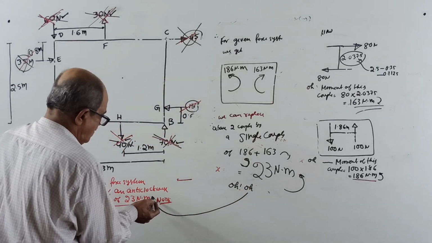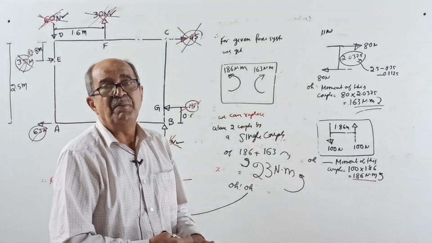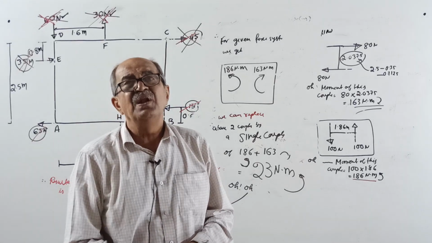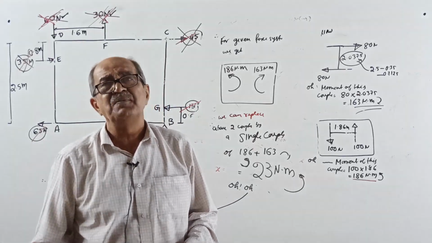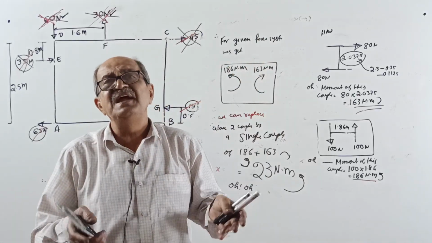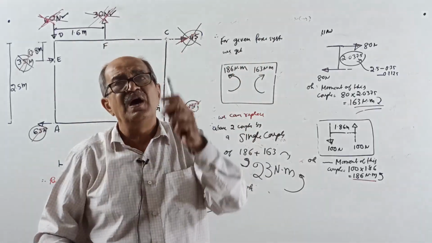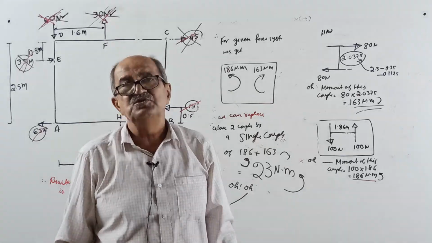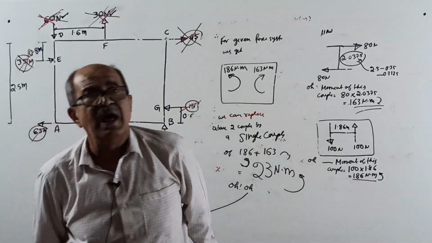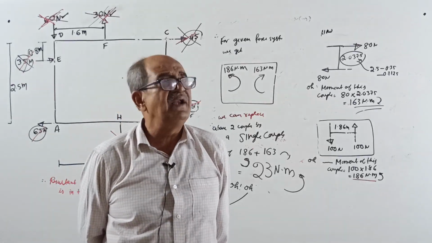Same answer as what you got. Therefore, remember, never think that for a couple you require only two equal unlike parallel forces. If multiple forces are there, finally it will reduce to two equal unlike parallel forces. That's why the basic definition always says two equal unlike parallel forces with different lines of action.